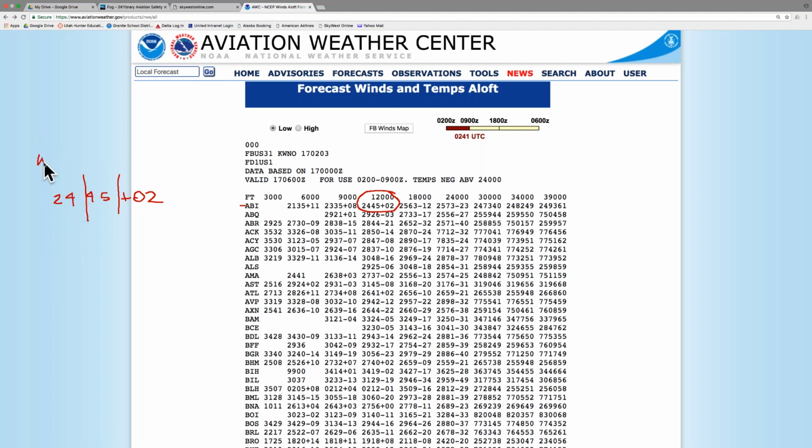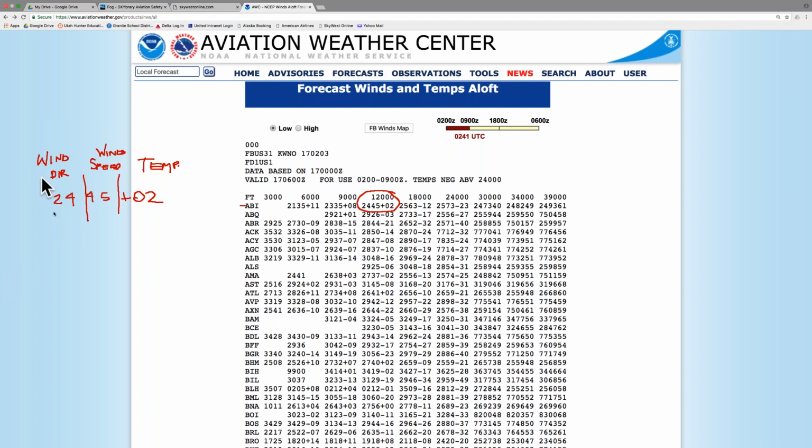It starts with wind direction. Write all this down. This is our wind speed. And then this is our temperature.